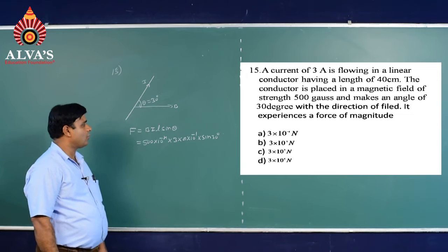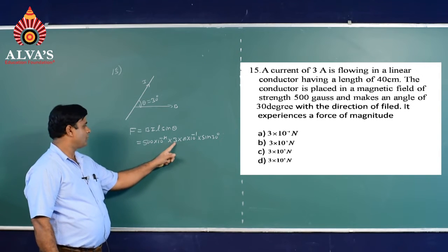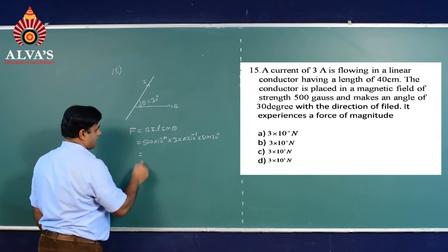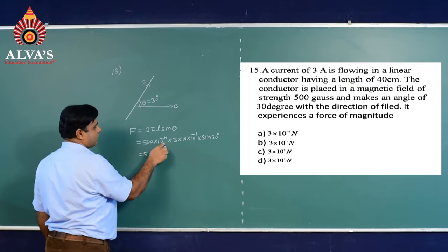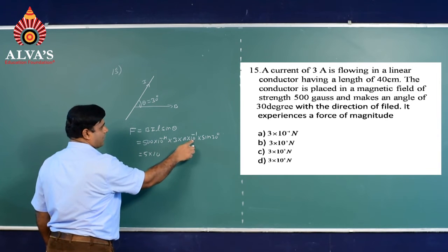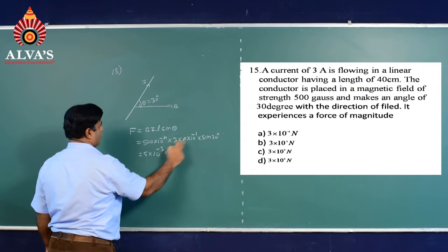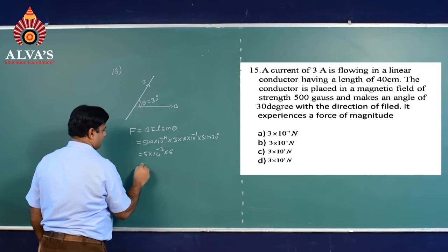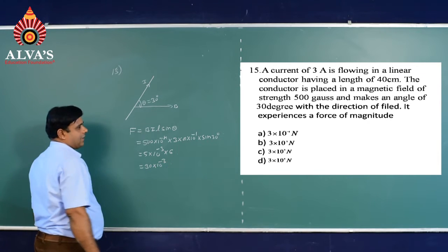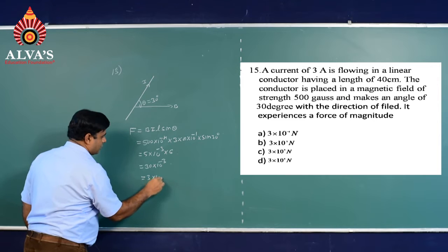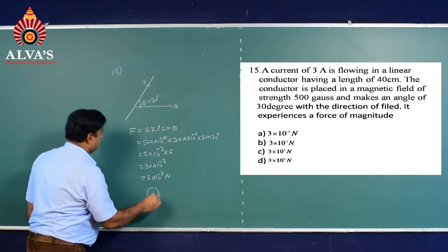Sin 30 is 1 by 2, so 4 by 2 is 2. 2 into 3 is 6, 6 into 5 is 30, into 10 to the power minus 3, which is equal to 3 into 10 to the power minus 2 Newton. So, the answer should be B.